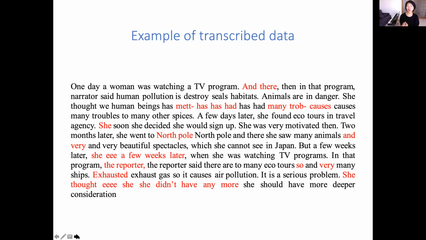So it included a lot of repairs, reconstructions, repetitions, and it could also include a lot of failures as well. A lot of these words or partial words I highlighted in red, and I had to clean them before I did the analysis. So once again, depending on what analysis you want to do, you will have to clean the data differently.